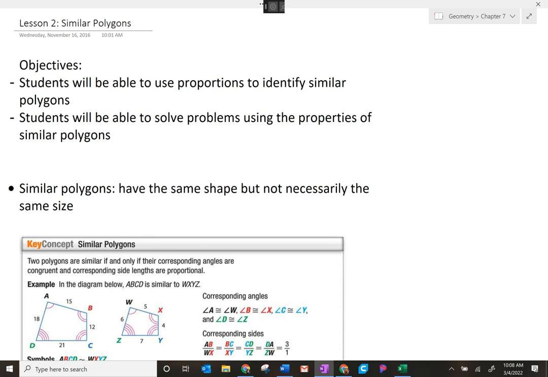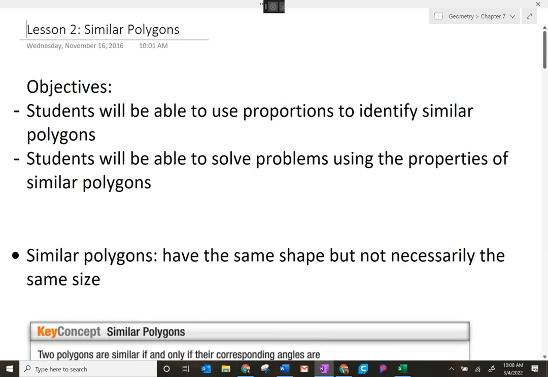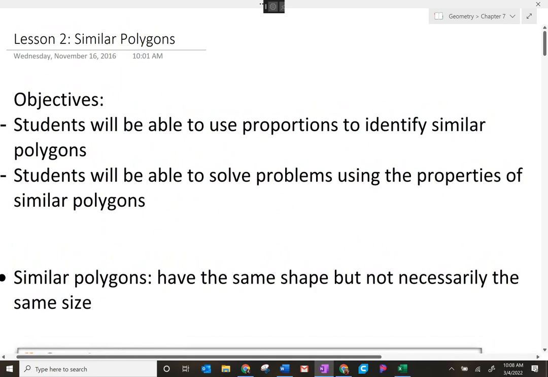But this is one that some of you guys were struggling on last chapter, or 2 chapters ago when we were working it. So the goals for this section: you're going to be able to identify similar polygons, and you'll be able to solve problems using those properties of similar polygons.